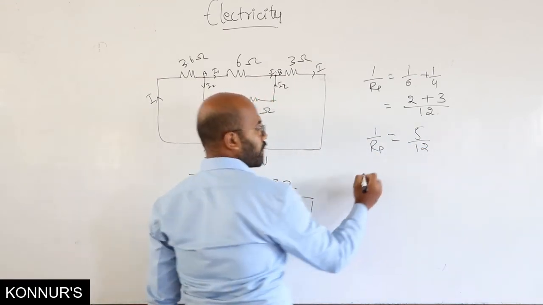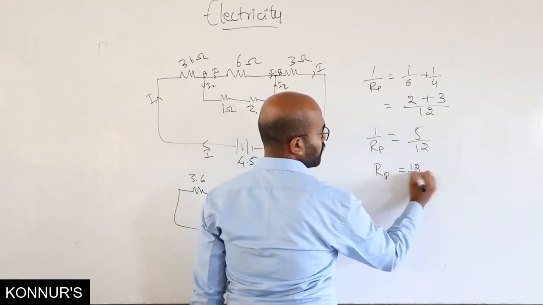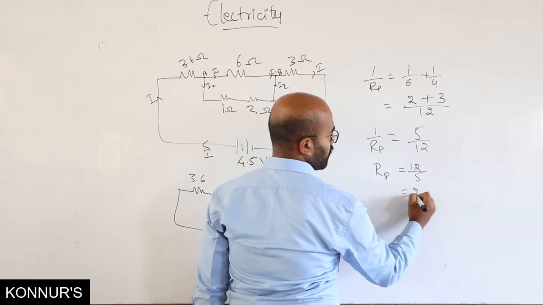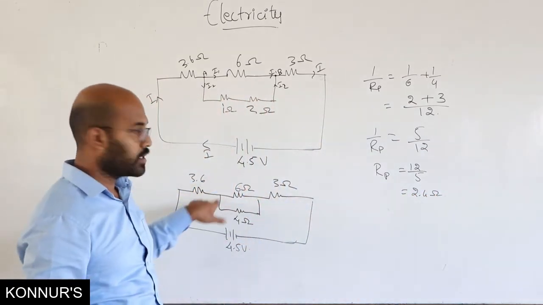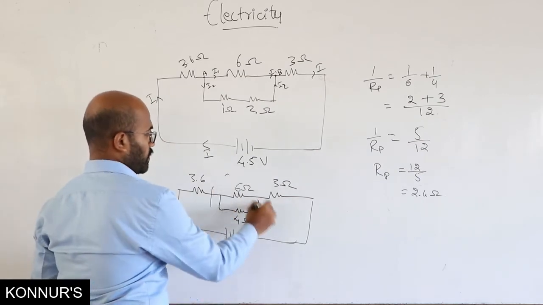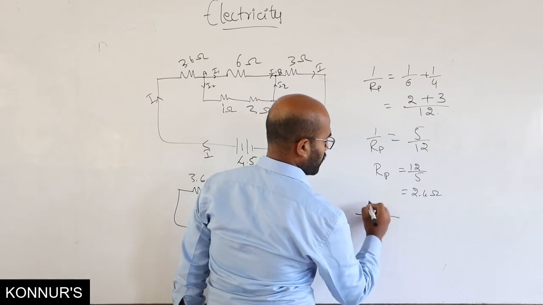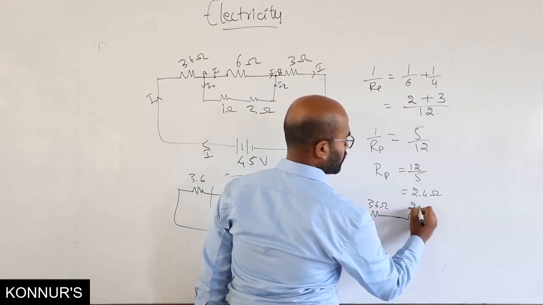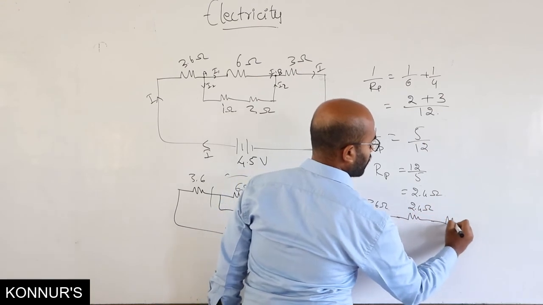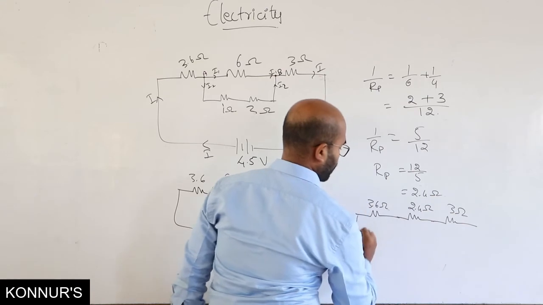So if you want to know what is the value of Rp, take the reciprocal, that is 12 by 5, 2.4 ohm. So this is 2.4. So this is 3.6 ohm. This is 2.4 ohm. This will be 3 ohm.